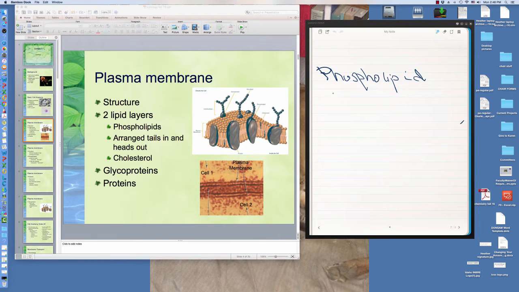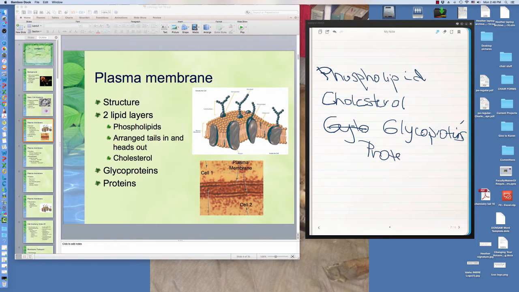You also have cholesterol. You have what are referred to as glycoproteins, and proteins. So if you're asked the 4 components of a plasma membrane or cell membrane, this is the answer. Phospholipids, cholesterol, glycoproteins, and proteins.